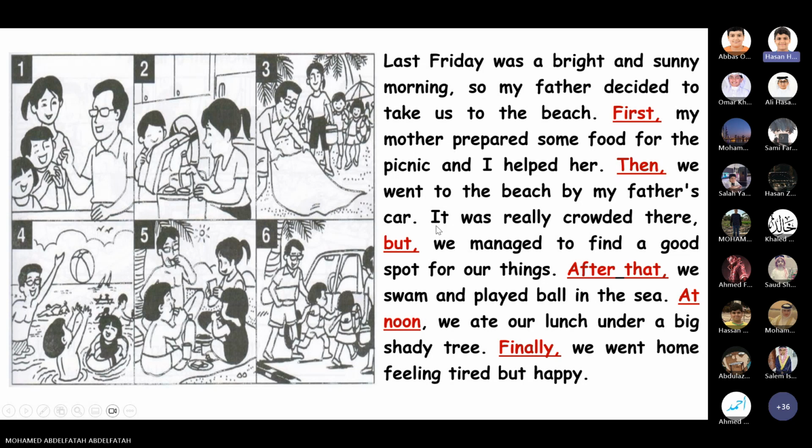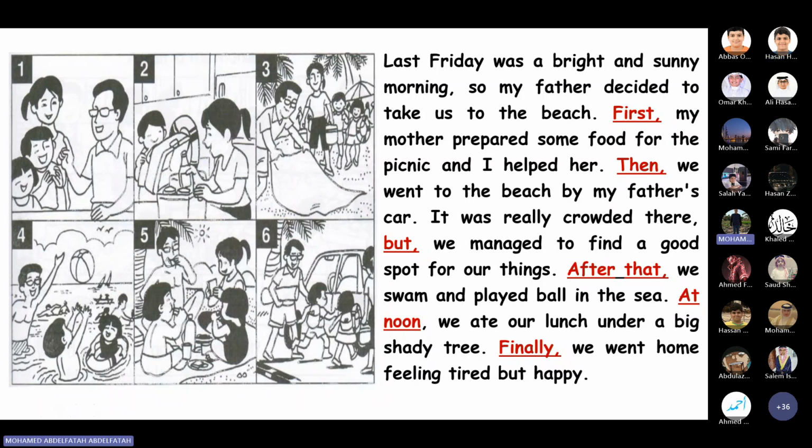It was really crowded there, but we managed to find a good spot for our things. After that, we swam and played ball in the sea. At noon, we ate our lunch under a big shady tree. Finally, we went home feeling tired but happy.